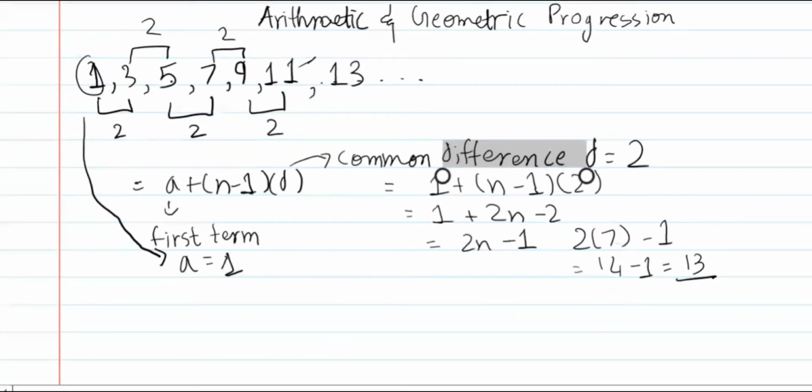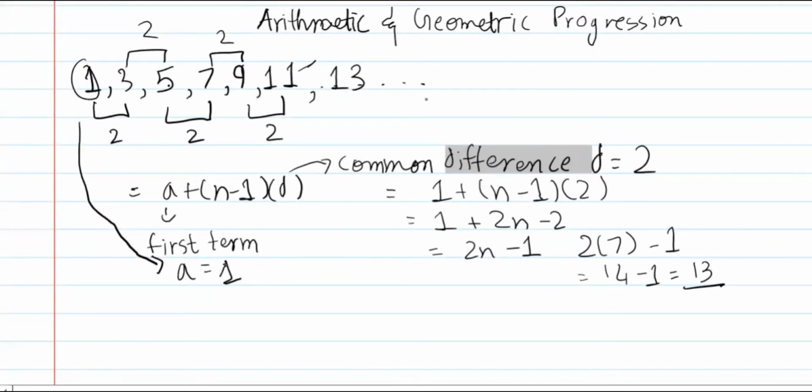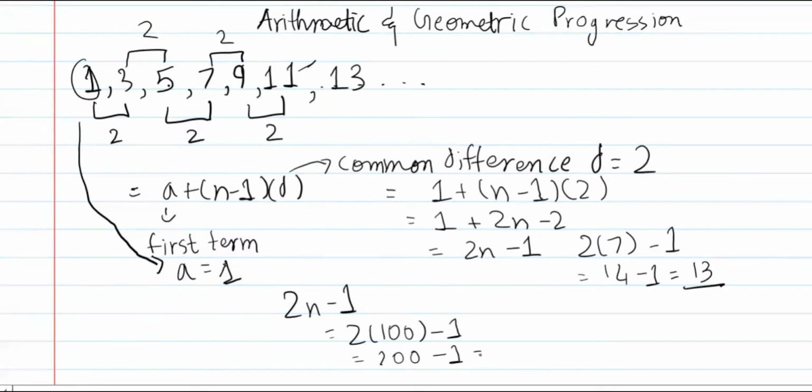For example, if the question asks you to find the 100th term, you can easily say that we have the formula 2n minus 1, and if we put 100 as the value of n, we get 2 into 100, 200 minus 1, and we get 199 as the answer, and it's the value of the 100th term.